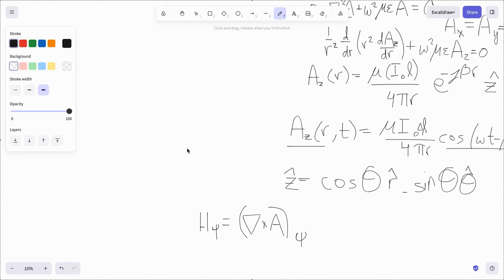And so the way you do curl in spherical coordinates is there's an expression for it.